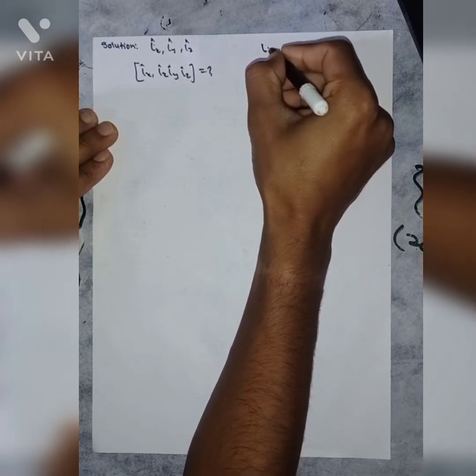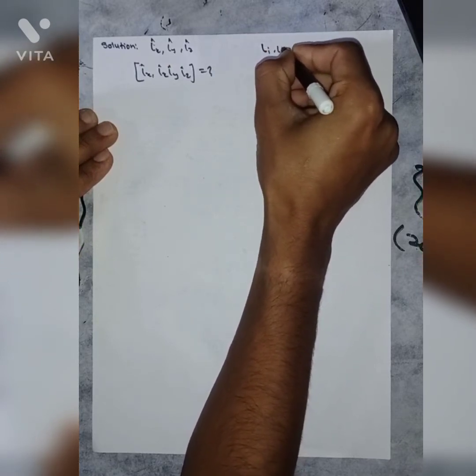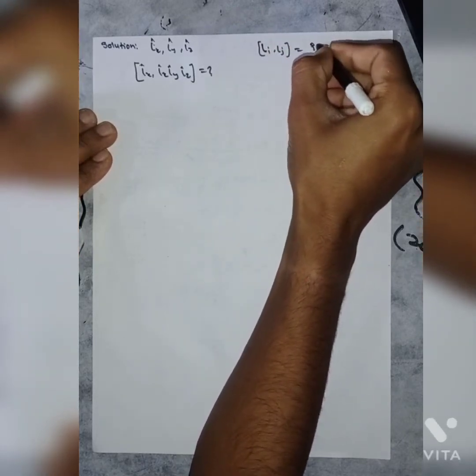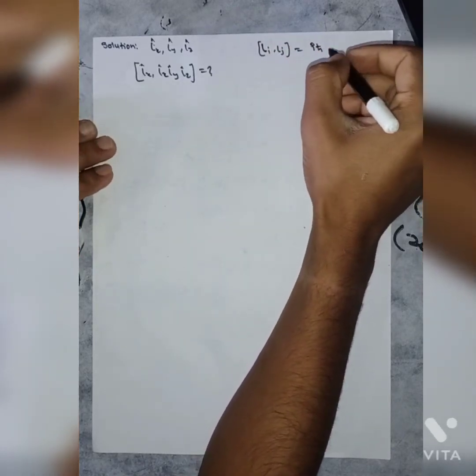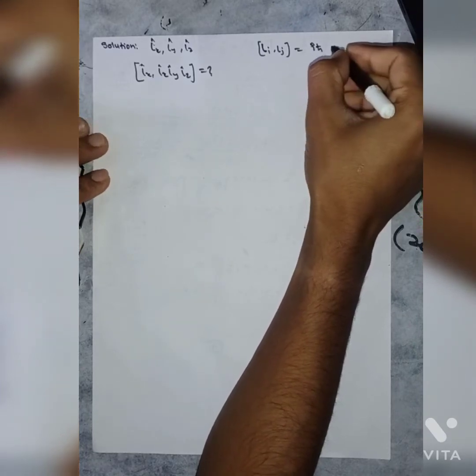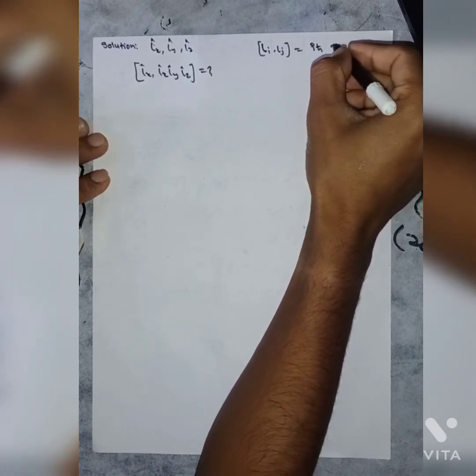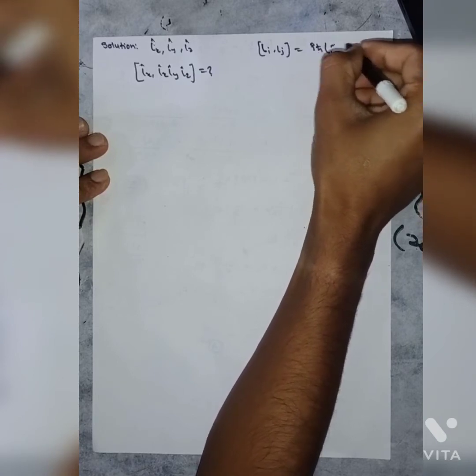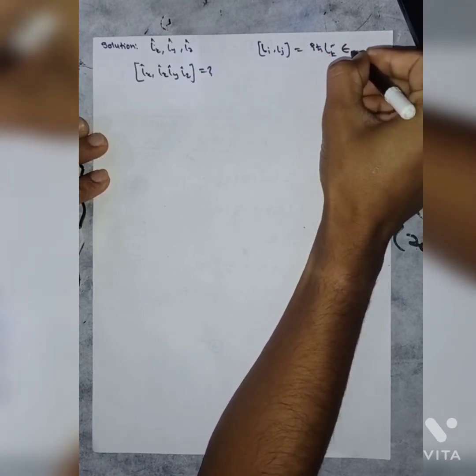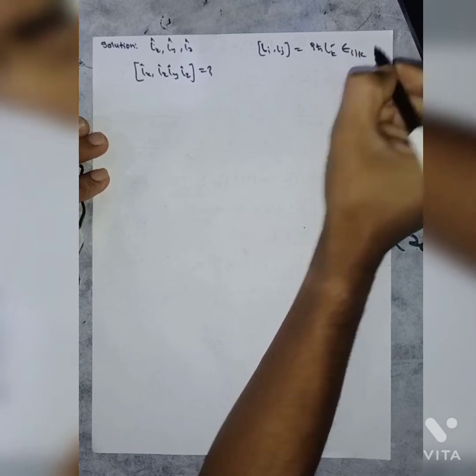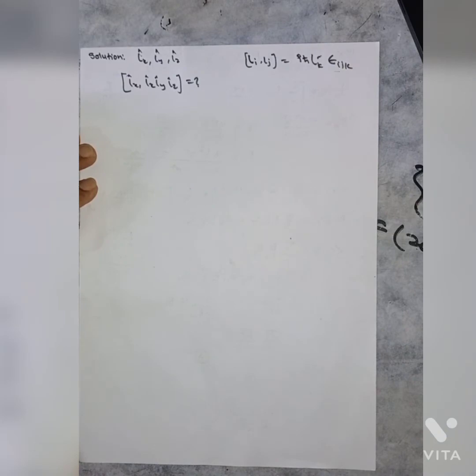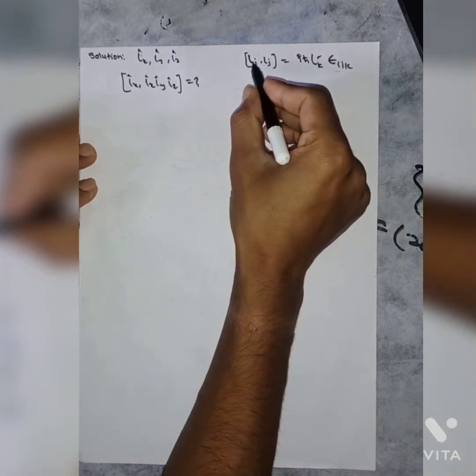L_i, L_j is nothing but i h bar epsilon_ijk L_k. This is the solution, or you can say the process.